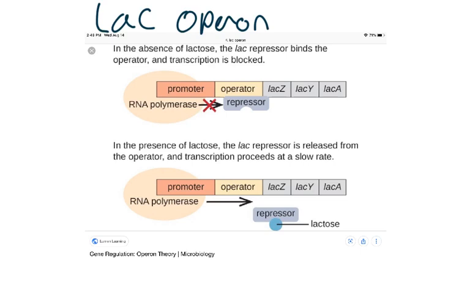We also have an operator region, and this is where this protein molecule called the repressor binds. And when the repressor is bound, the RNA polymerase cannot work. It cannot go and transcribe these genes, so we don't get any production of these 3 Lac genes.